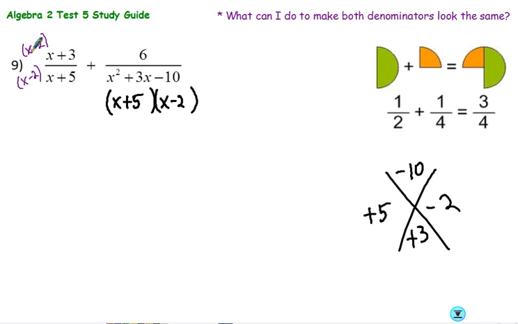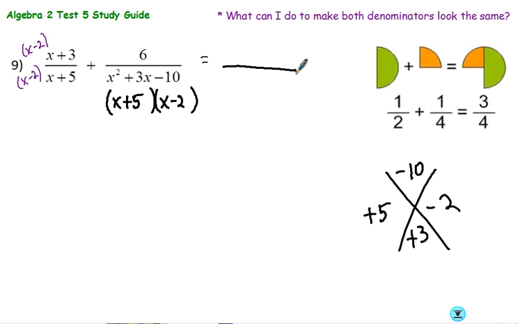Now, if I multiplied x minus 2 times x plus 5, I already know what that is. It's x squared plus 3x minus 10. So there's no real surprise there. So what I can do is actually put those back together. Let me put my marker back.